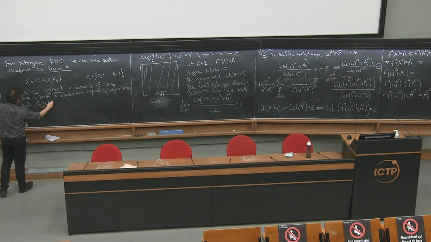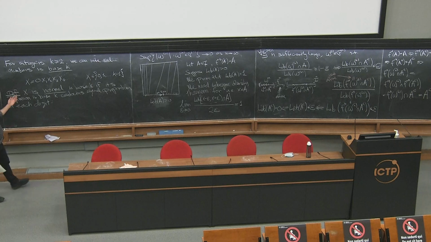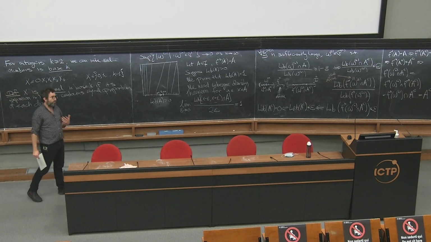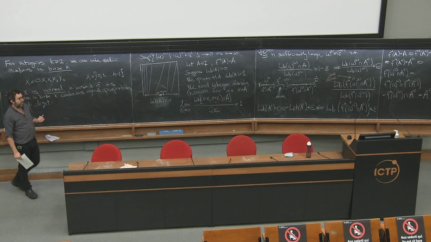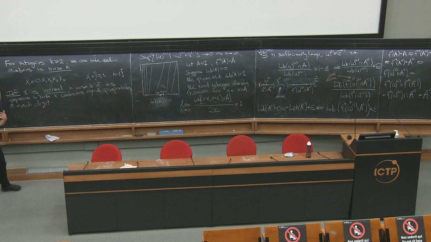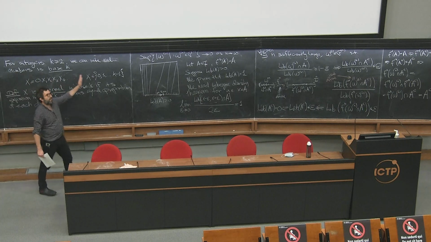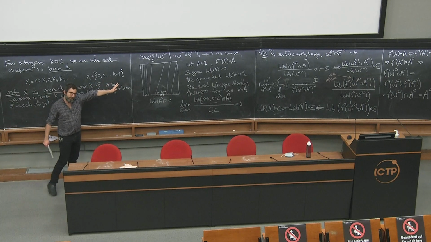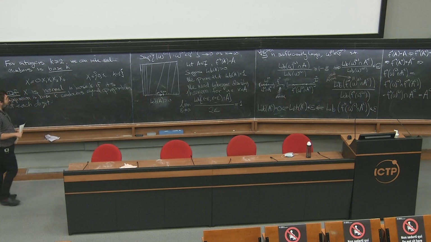I will write the formal definition in a second. So for example, in base 10, in the decimal representation, we say that a number is normal if the frequency of each digit, zeros, ones, twos, is 1/10. Each of the 10 digits appears 1/10 of the time in its expansion, asymptotically, right?